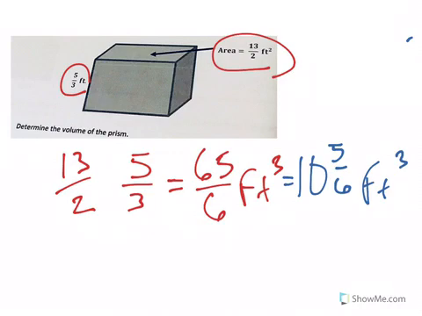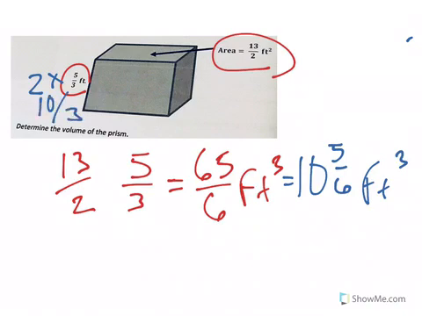Now, follow-up question. What would the volume of this prism be if the height was doubled? So 5/3 times 2 would be 10/3.